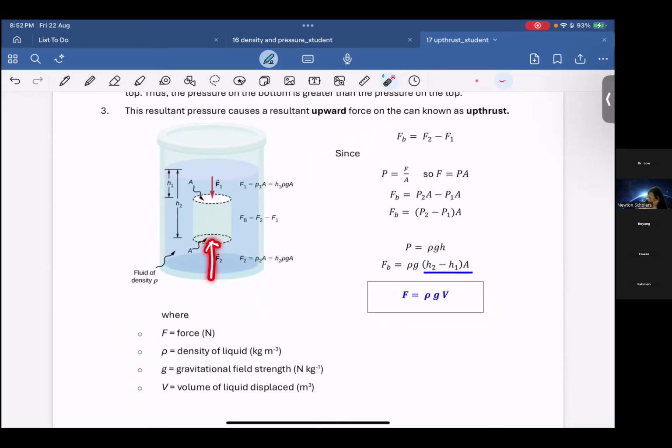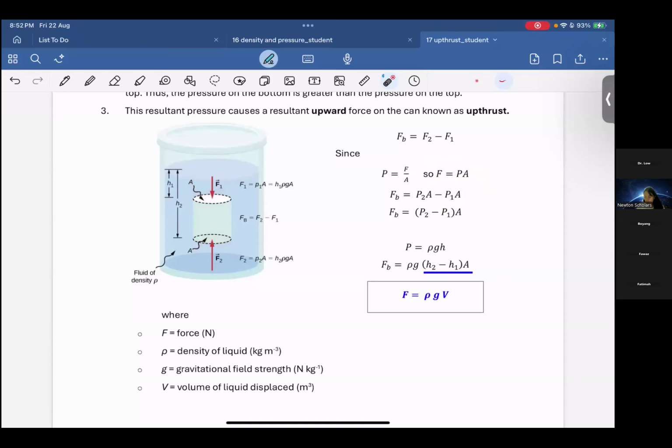The bottom part force minus the upper top force. So we minus it. That is a force difference, that is the buoyant force. Pressure is F divided by A, or F equals PA. So buoyant force is P2A minus P1A, where 2 is the bottom and 1 is the top.